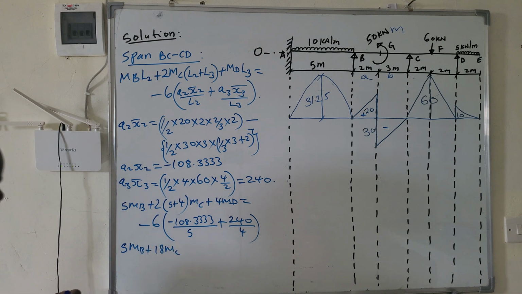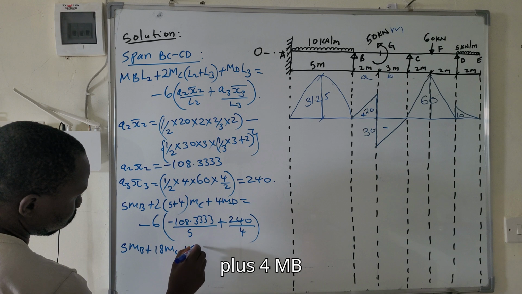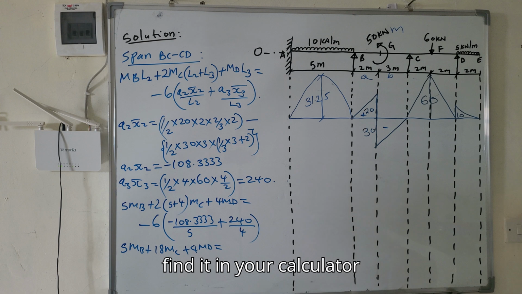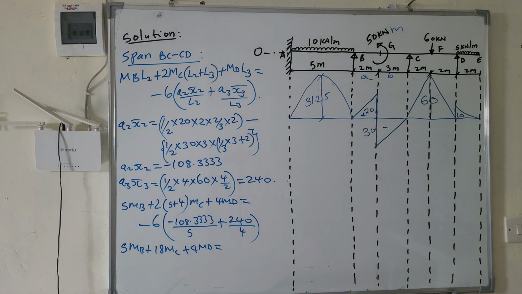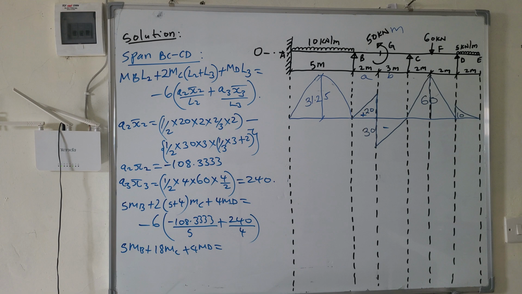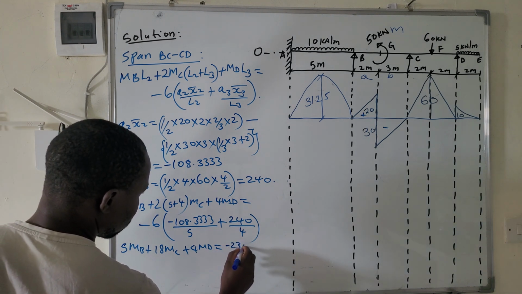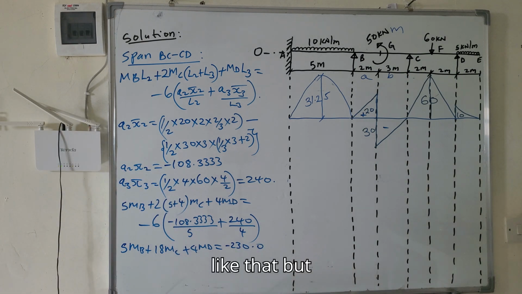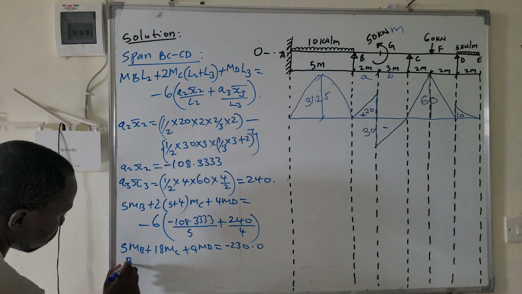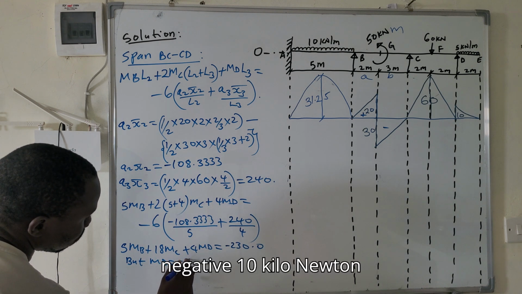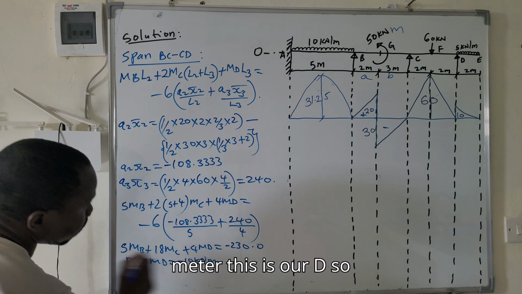So this one, just punch it in your calculator to get the answer. It will be negative 230.0, like that. But MD was negative 10 kilonewton meter.